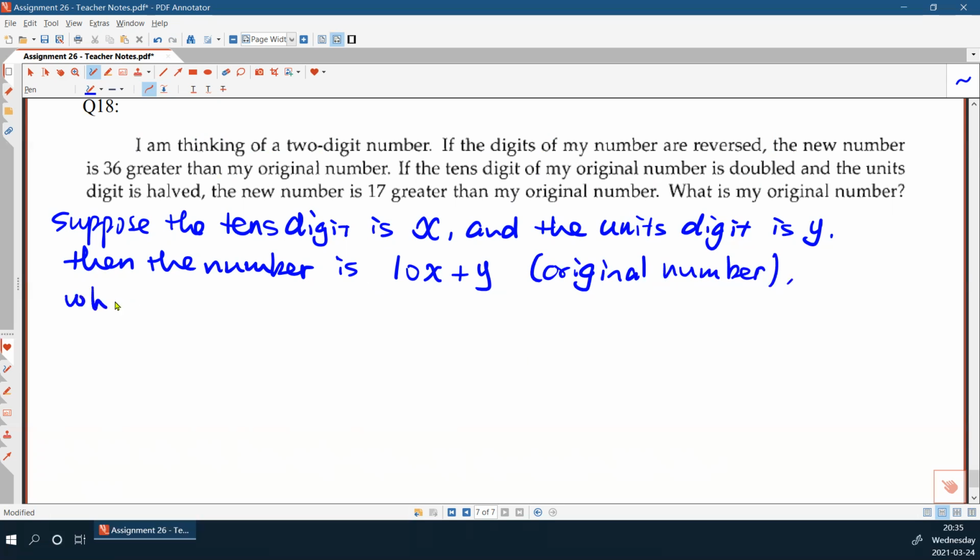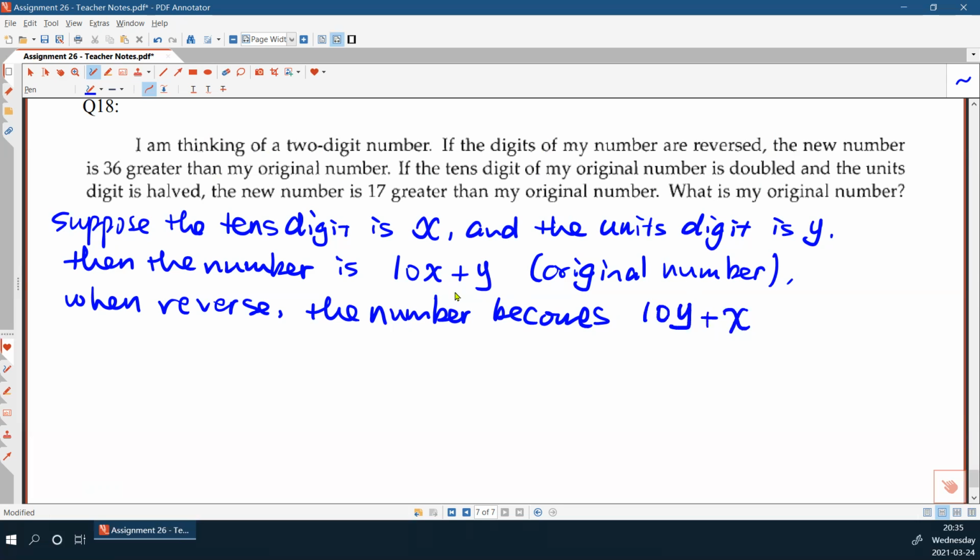Okay, when reversed, the number becomes, when you reverse the tens digit and the units digit, the number becomes actually 10y plus x, right? This is the original, this is the reversed. So what piece of information do we have here?